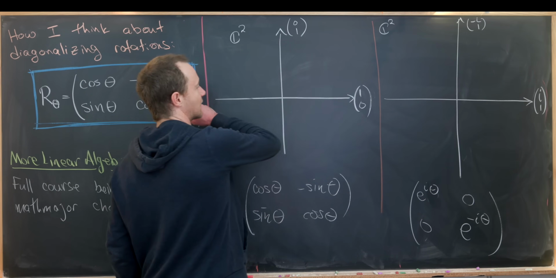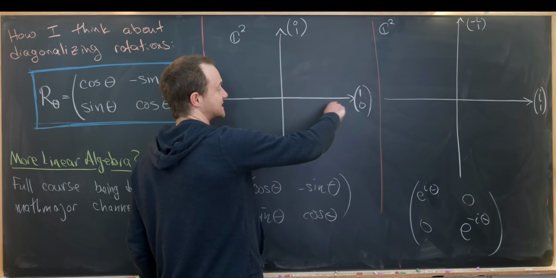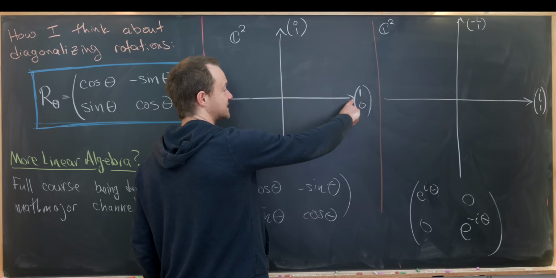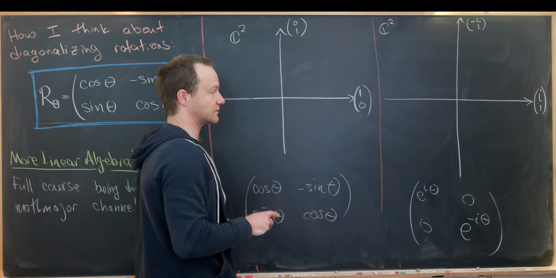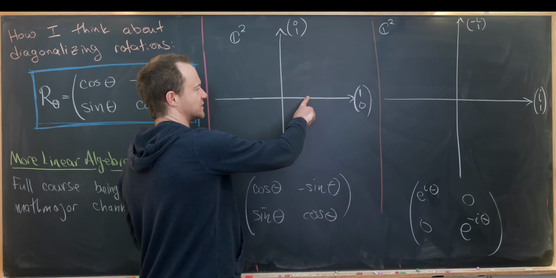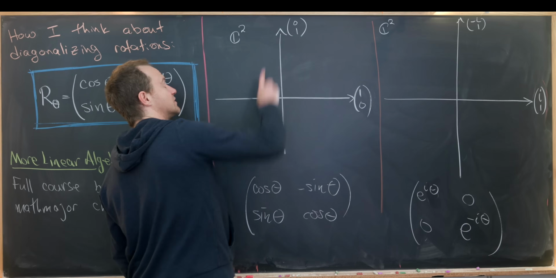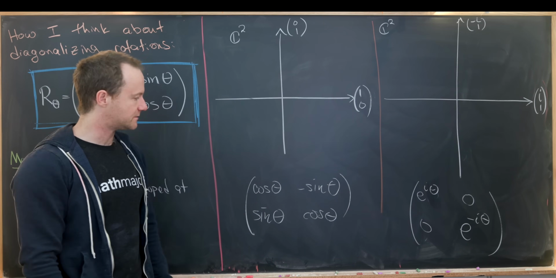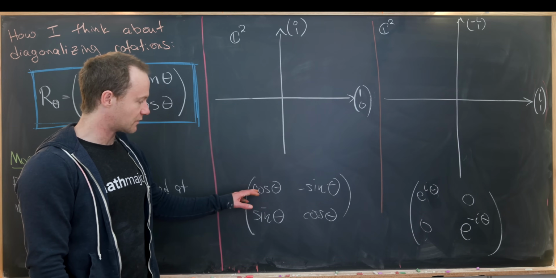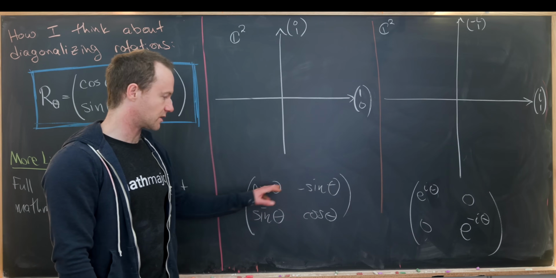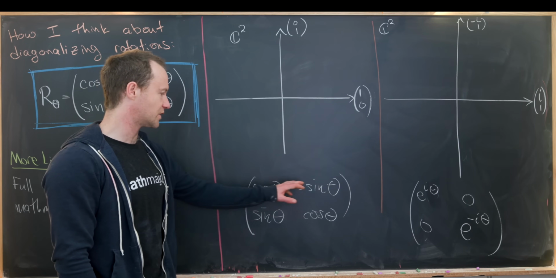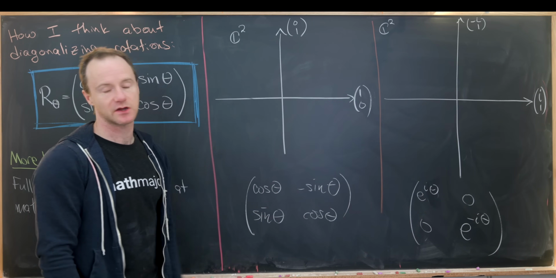So here we've taken our basis to be the standard basis. This is in the direction of (1, 0). Obviously the unit vector stops wherever we tell it to, but that's the direction of (1, 0). And this is the direction of (0, 1). Okay, so again, recall that this was our rotation matrix: cos theta, minus sine theta, sine theta, and cos theta.